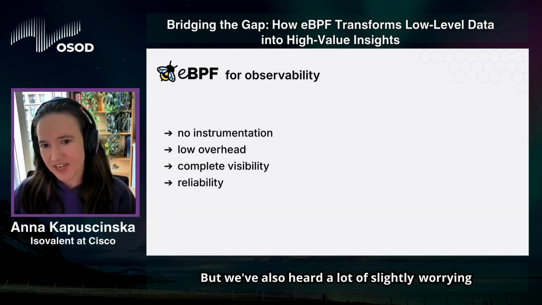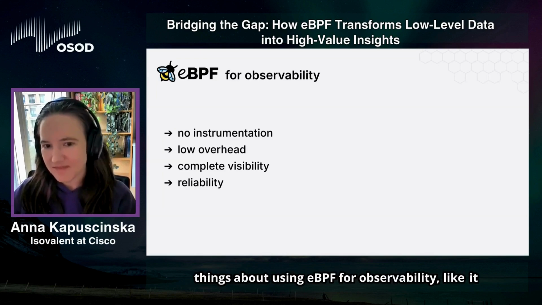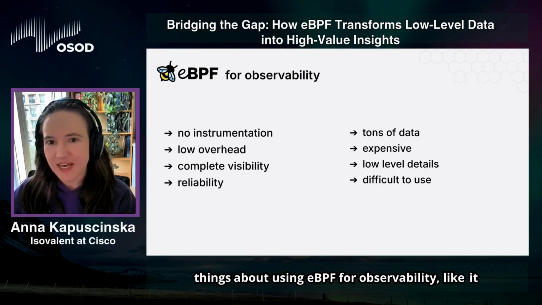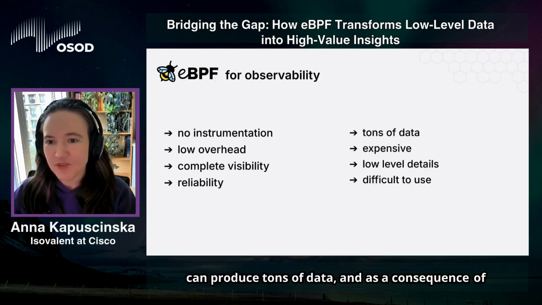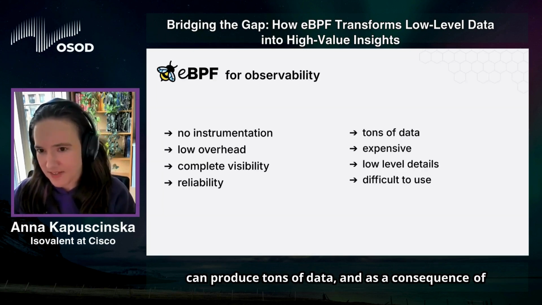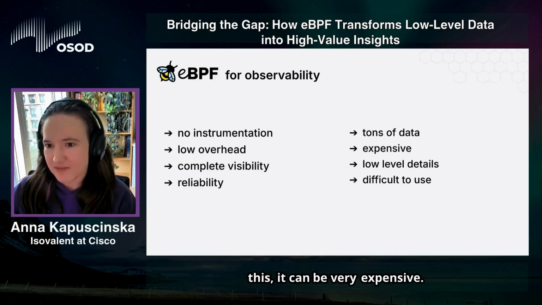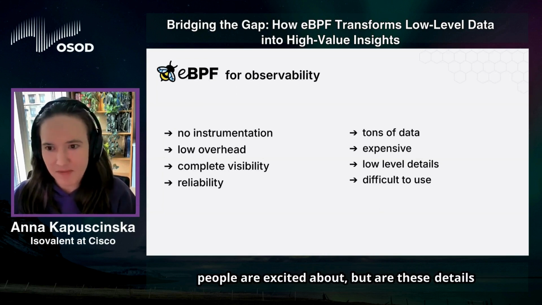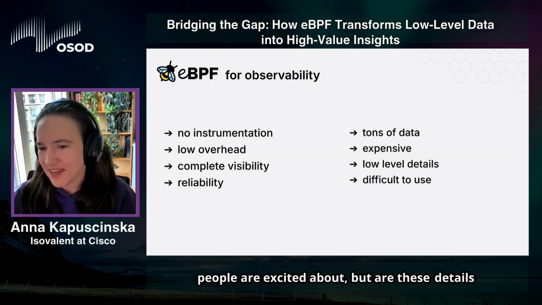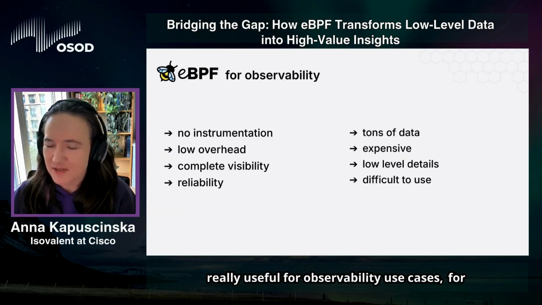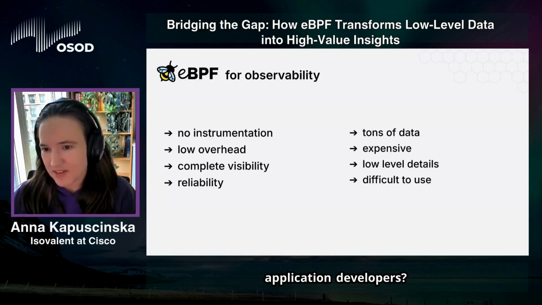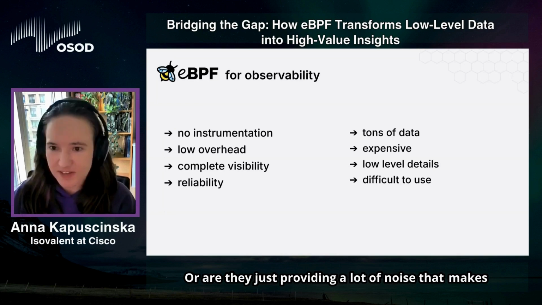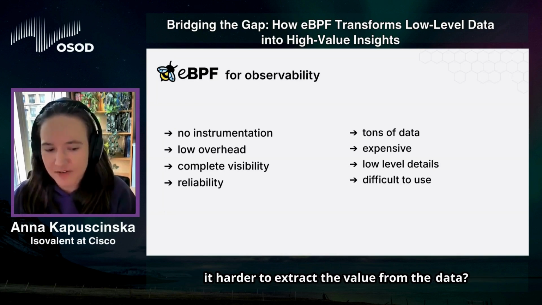But we've also heard a lot of slightly worrying things about using eBPF for observability, like it can produce tons of data, and as a consequence of this, it can be very expensive. eBPF provides a lot of low-level details, which many people are excited about, but are these details really useful for observability use cases for application developers, or are they just providing a lot of noise that makes it harder to extract value from the data?